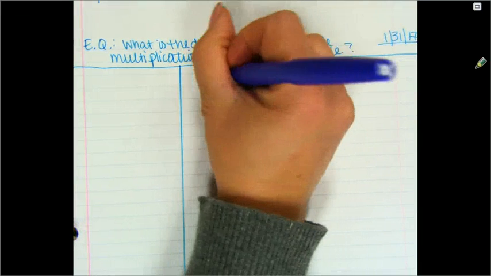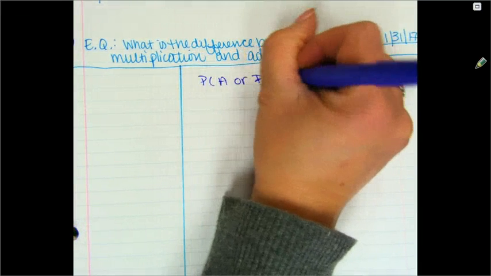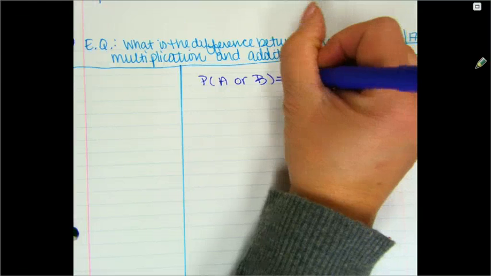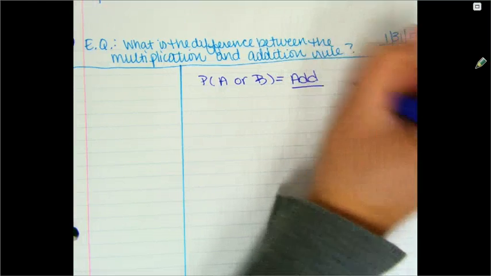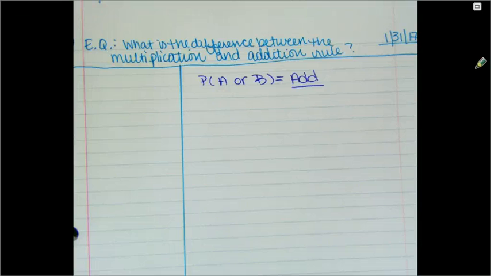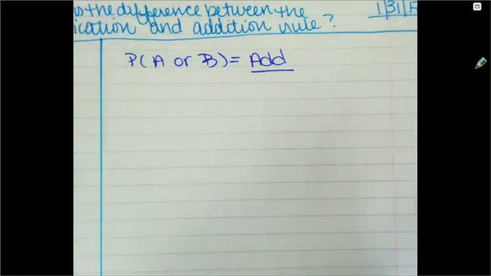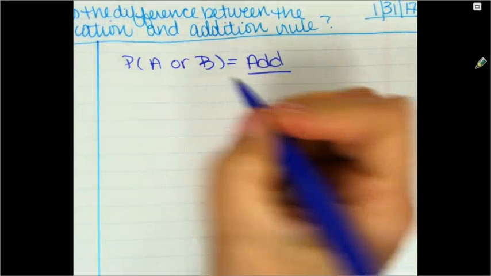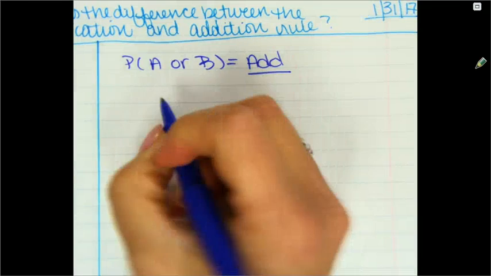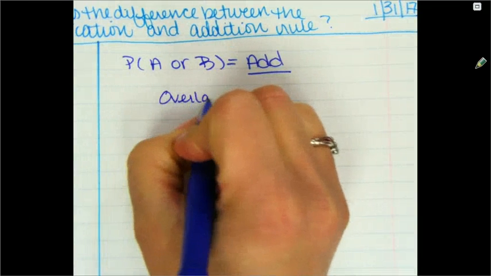Alright, so today is the probability of A or B. The key word is or, and it means we are going to add. Now, last week on Thursday, I think it was, we did overlapping events.